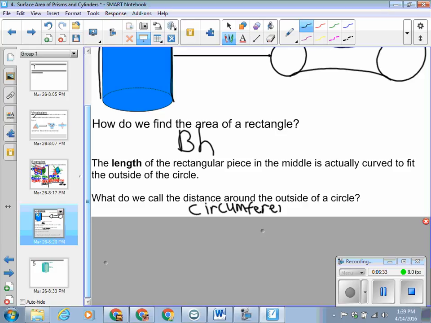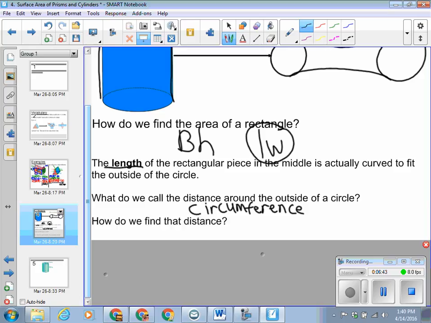I want to backtrack for one second to match up with the term length that's bold-faced here. We can always call the rectangle length times width for the area. I'm sorry for that. Now, how do we find the circumference of a circle? From the previous lesson, we know that it is pi times diameter, or 2 pi r, based on your preference or what's given to you.